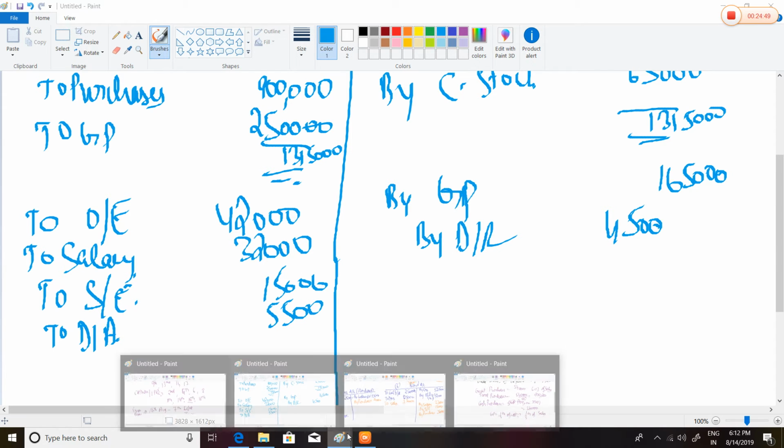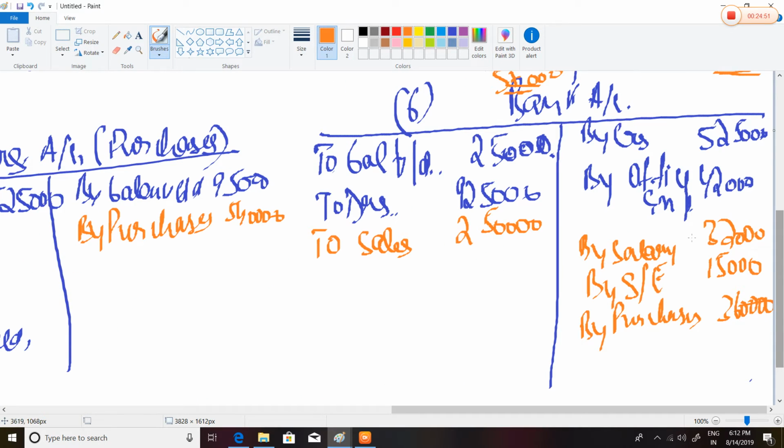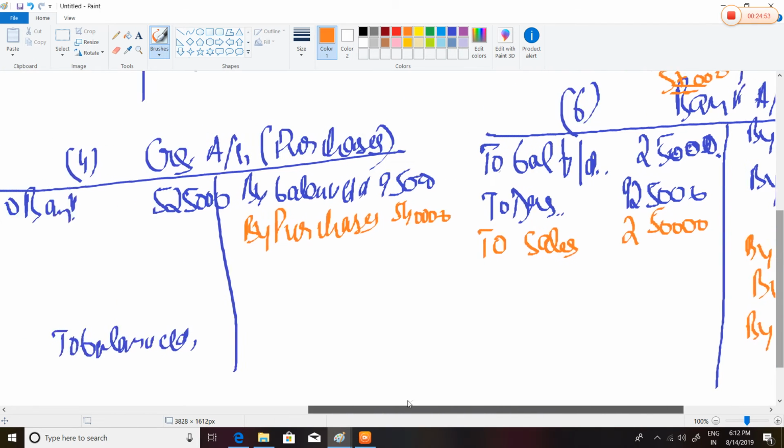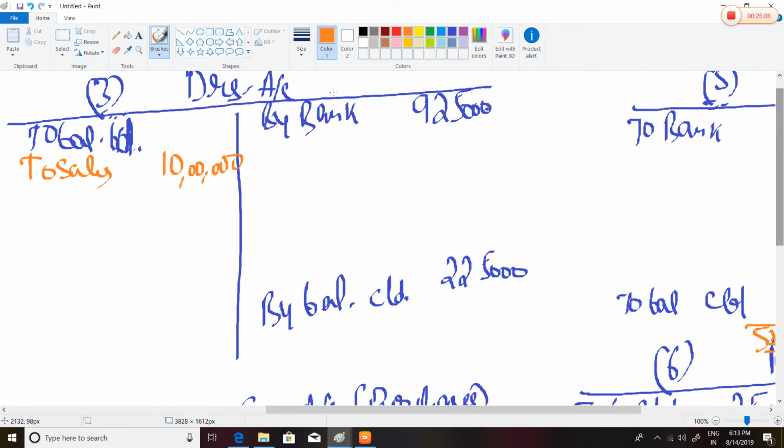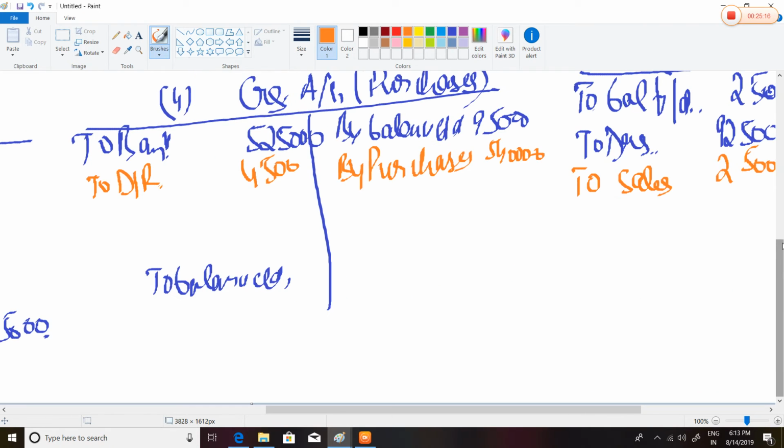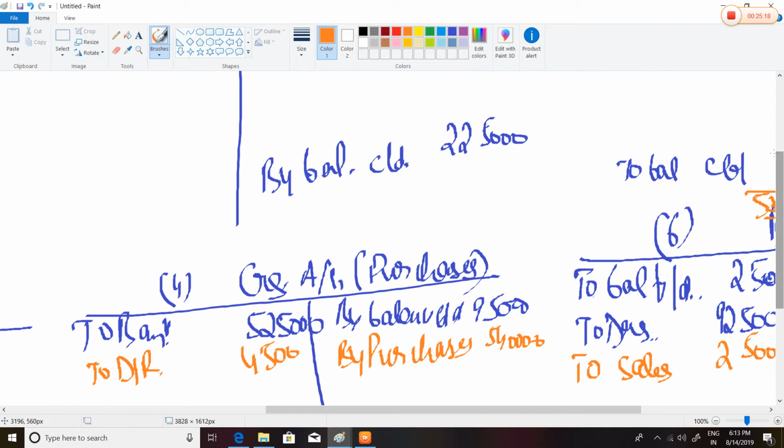Okay, so debtors and creditors account, to discount received 4,500, and by discount allowed 5,500. Okay, till here I hope you got it.